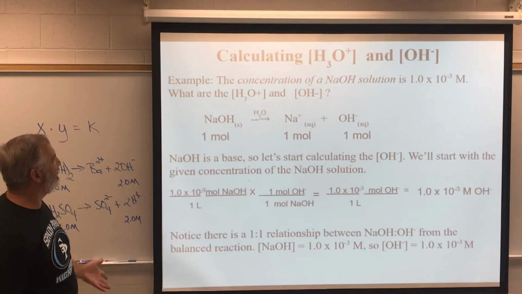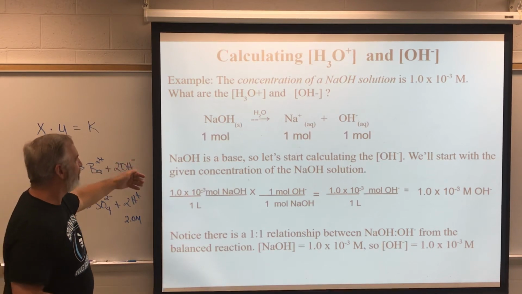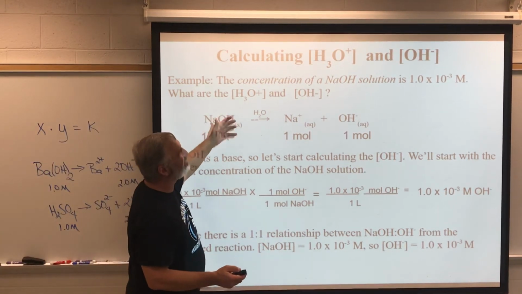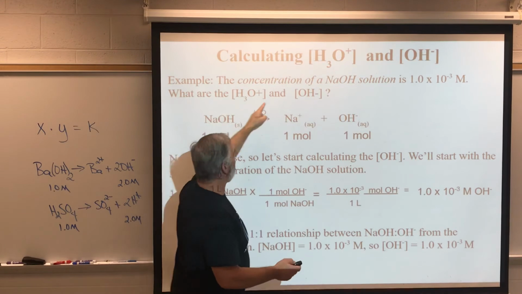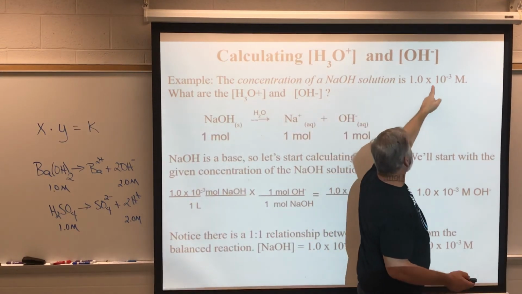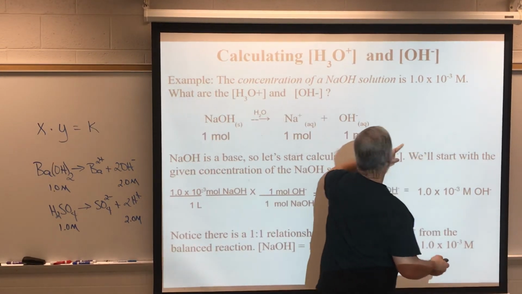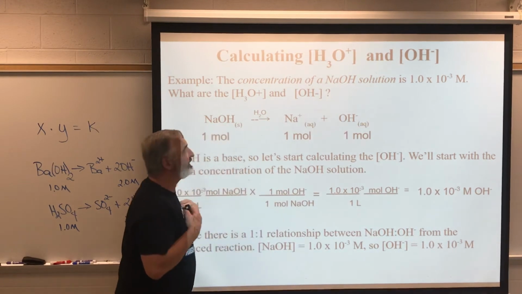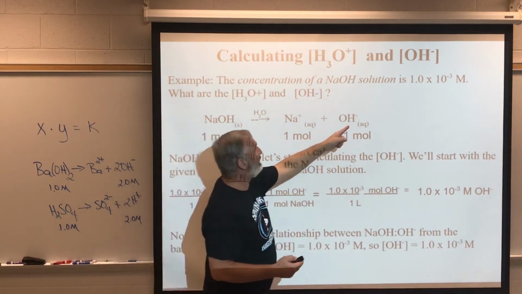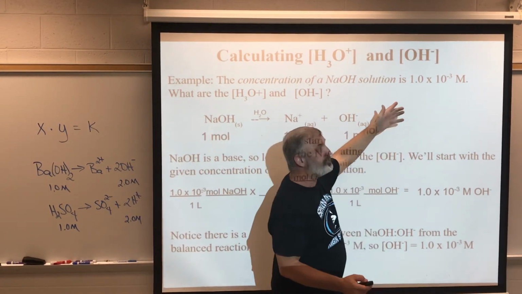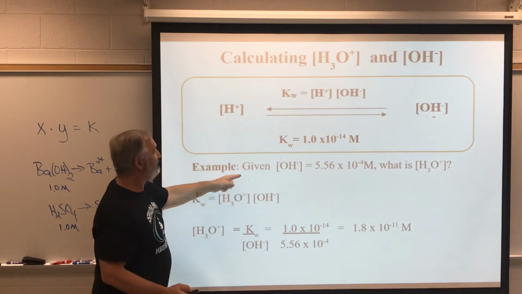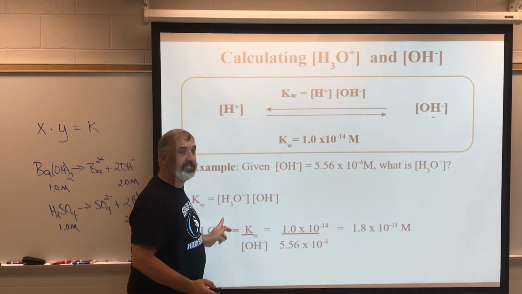So notice now here we're just continuing this problem. We know this is just a very drawn out way. It's saying that the NaOH concentration is 1 times 10 to the minus 3rd molar. Well, I automatically know, because it's 1 to 1, that that's my OH minus. Now it's a problem just like this one, where I'm given the OH minus and I have to find the H plus.